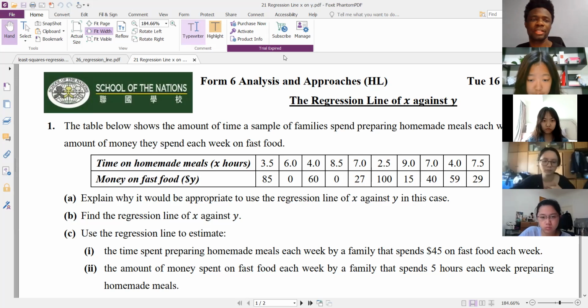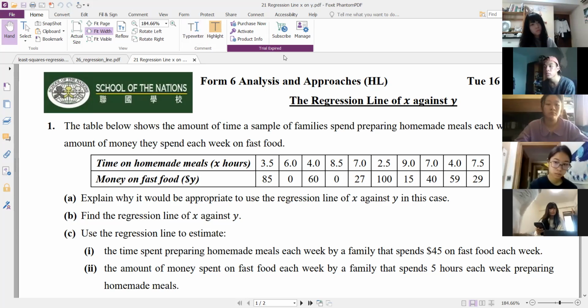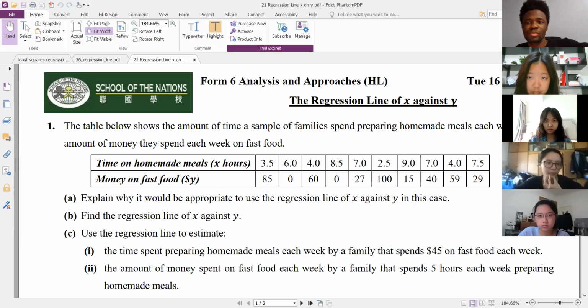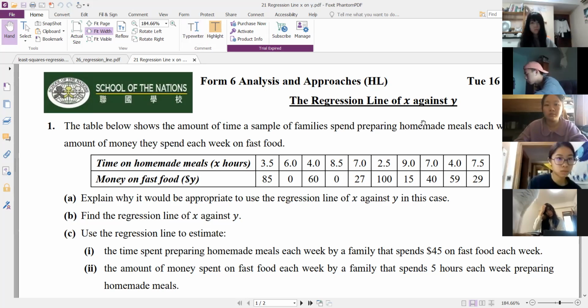Come on, anyone, quickly. Do you want me to show you the previous example? If you want me to show you the previous example, raise your hand. Okay, no one. So that means you can attempt this. I'm waiting. Explanation: why will it be appropriate to use the regression line of X against Y?